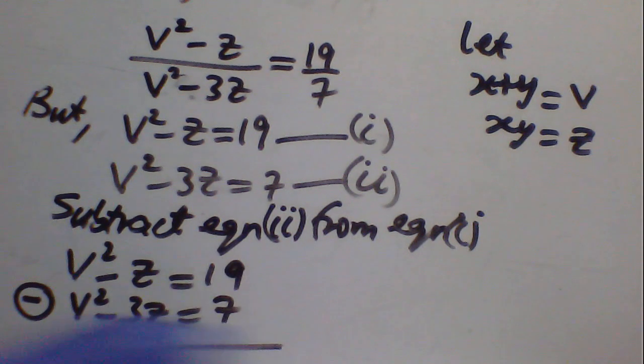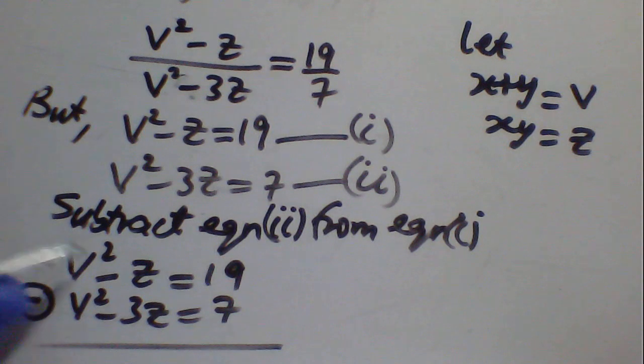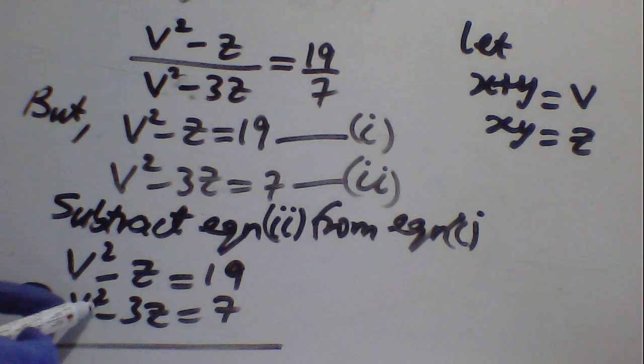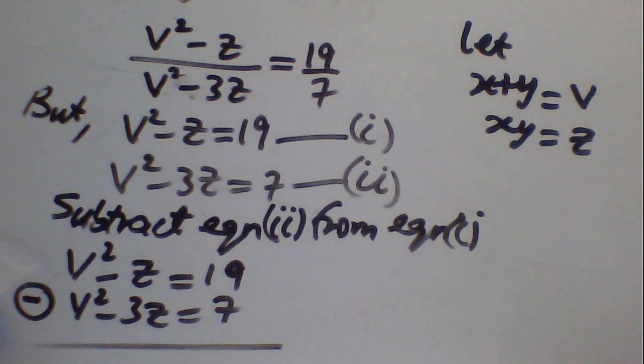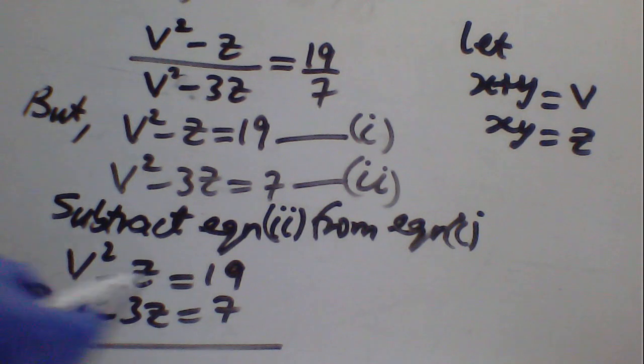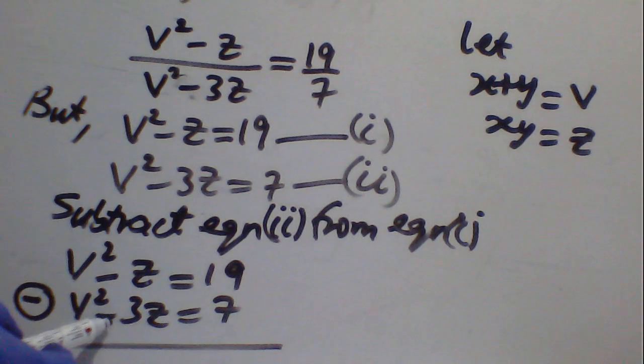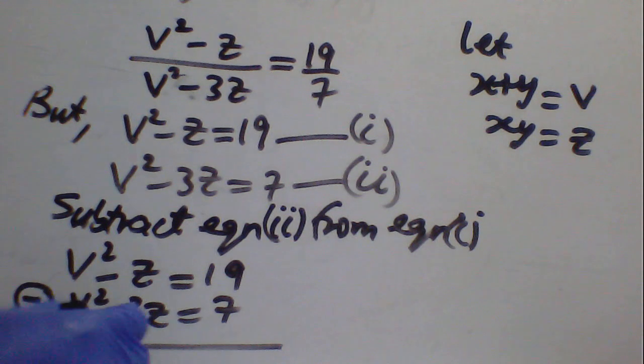So this is v squared minus v squared, it gives us 0. So minus z minus minus 3z will give us minus z, minus minus is plus. So minus z plus 3z will give us what? Will give us 2z.